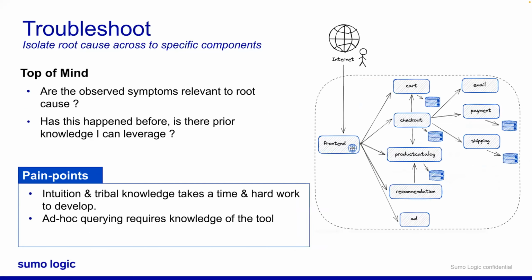The next is, I think, the troubleshooting stage. And this is where you know at a high level what systems are impacted, but now you want to drill down to a specific component that might be actually responsible for this whole problem. And here, the top of mind things for the person troubleshooting the issue is, what are the observed symptoms and are they relevant to the root cause?